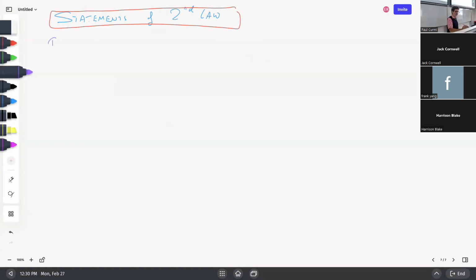First one, Clausius postulate. So what Clausius basically said is that heat flows downhill. I'm going to just draw it in a picture.